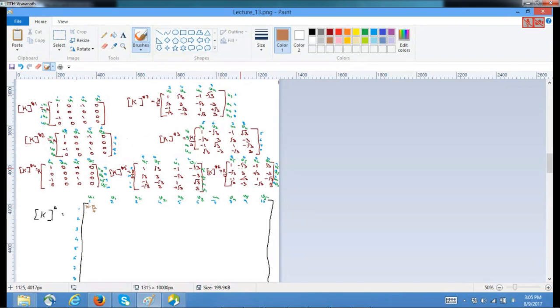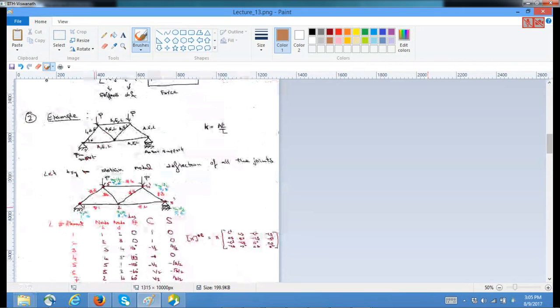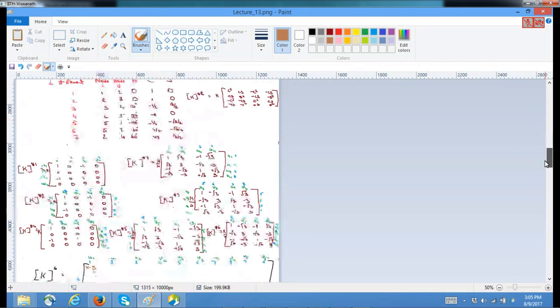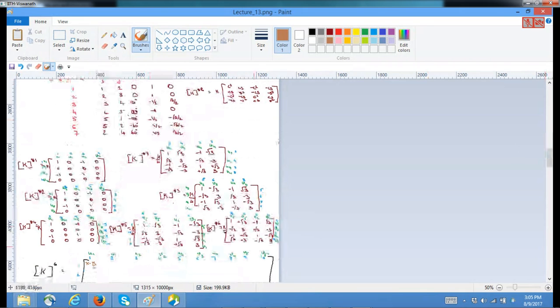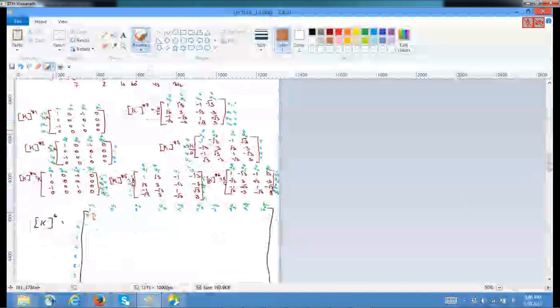And are there any other things? No, because u1 is connected to only two elements. That is, its stiffness comes from the element 1 stiffness matrix and from the fifth element stiffness matrix. That's the reason we have found a u1 entry in the first element and a u1 entry in the fifth element. Similarly, we can do it for u1 v1, where there is a 0, so that is not a problem.